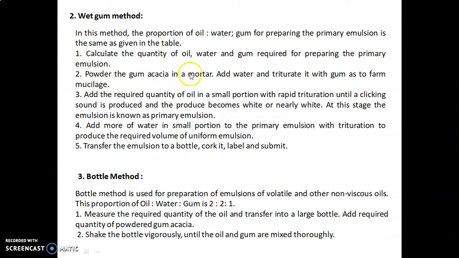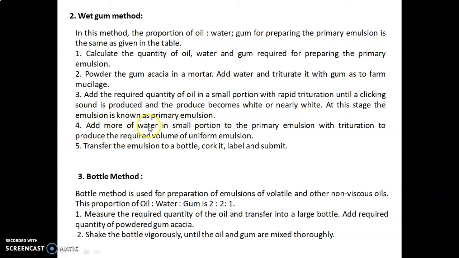Then powder the gum acacia in a mortar, add water and triturate it with the gum to form mucilage. Then third, add the required quantity of oil in small portions with rapid trituration until a clicking sound is produced, and it becomes white or nearly white. At this stage, the emulsion is known as the primary emulsion.